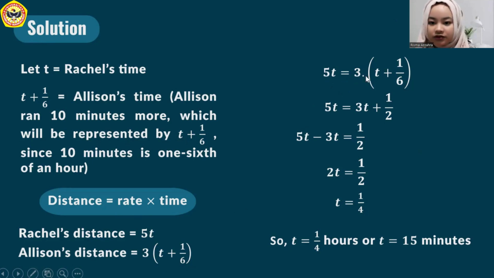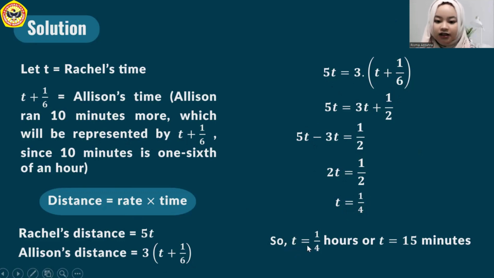So 5t equals 3 times open bracket t plus 1 over 6 close bracket. So 5t equals 3t plus 1 over 2. So 5t minus 3t equals 1 over 2. So 2t equals 1 over 2. So t equals 1 over 4.